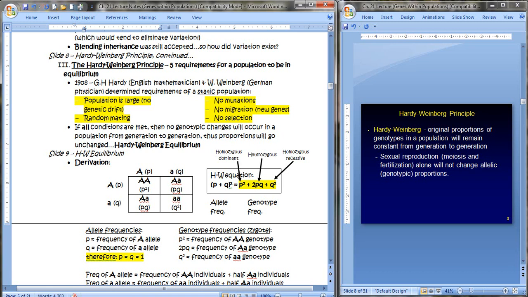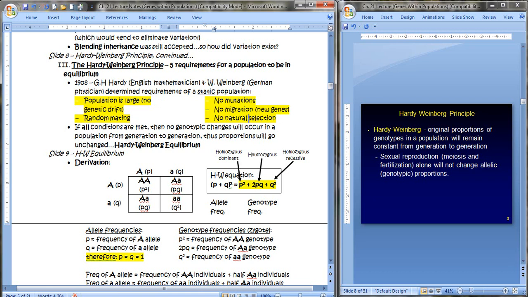There must be random mating. You may not select your mate. Anyone will do. Scary. There must be no mutation and no migration, which would, of course, introduce new genes, so no gene flow. And there must be no natural selection.